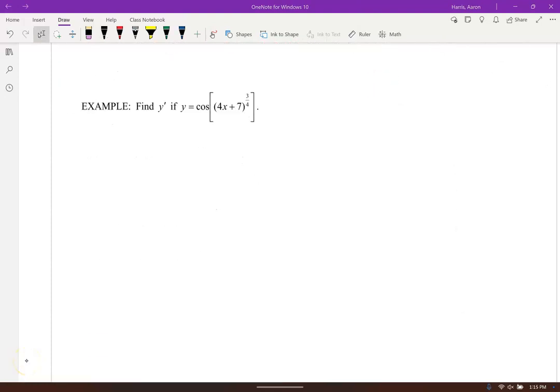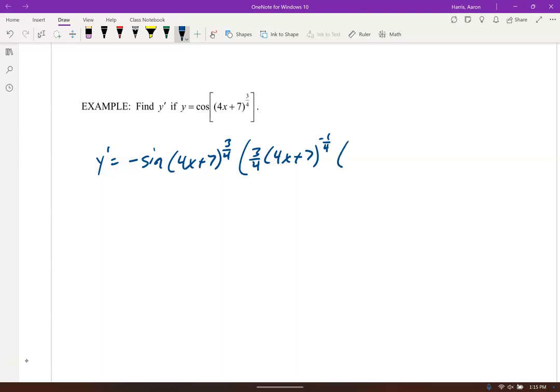So here we got the cosine. We're going to take the derivative of the cosine, which is negative sine of this stuff. Now we take the derivative of that, which is 3/4, 3/4 minus 1, negative 1/4. Now we got to take the derivative of 4x plus 7, which is 4.